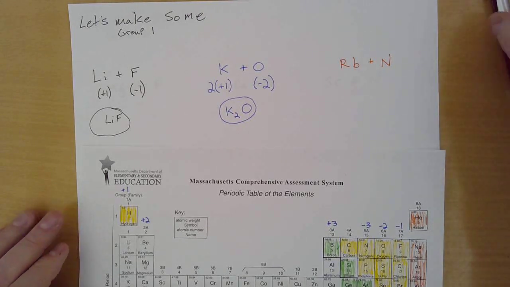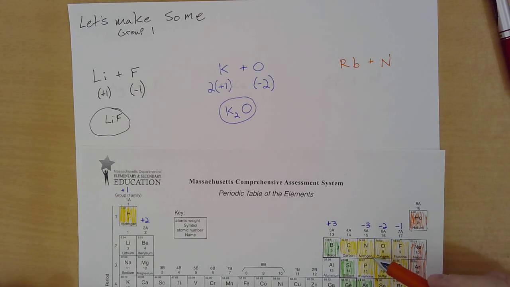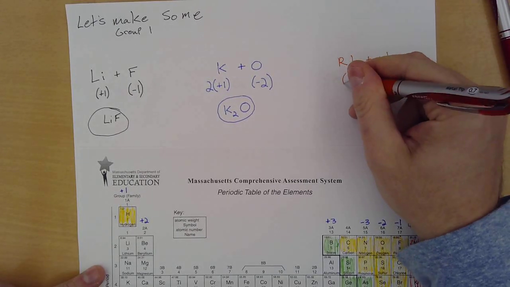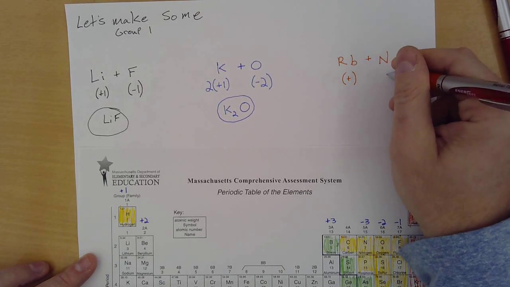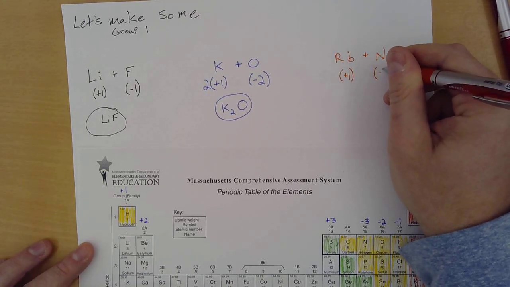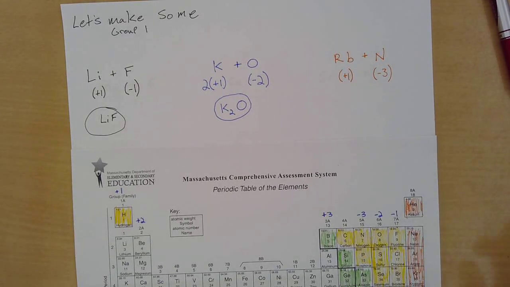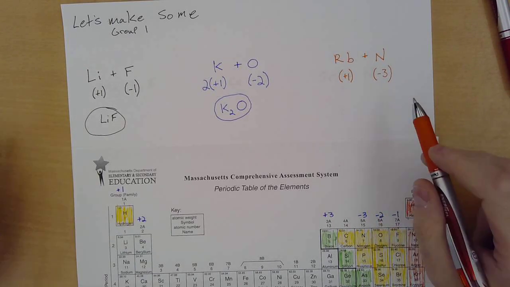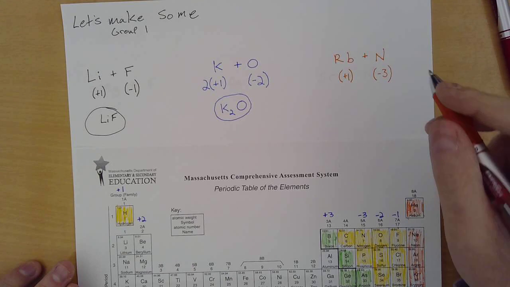Okay. And then lastly, let's try one more. We have rubidium and nitrogen. And so rubidium, again, that's in my +1 category over here. And we're adding it to nitrogen, which is a -3 in that category. So we can make a guess. We can figure this out, right? So how many of these rubidiums do I need to equal 1 nitrogen? I need 3.